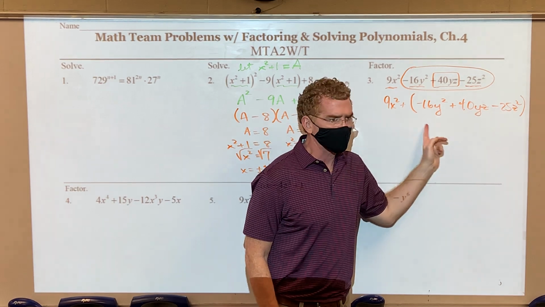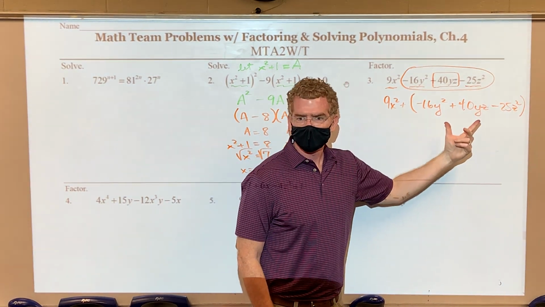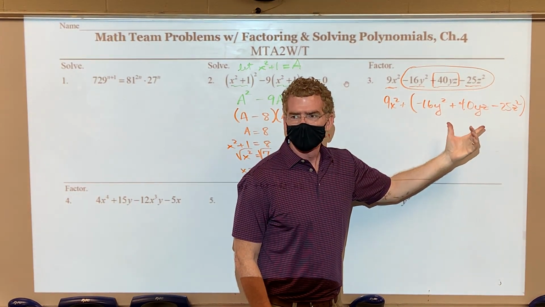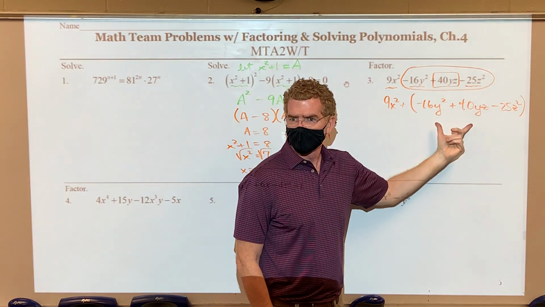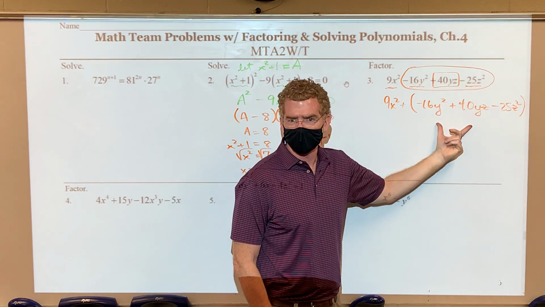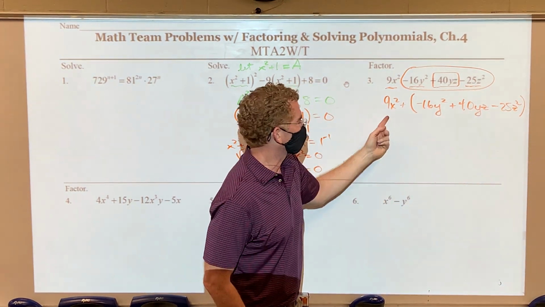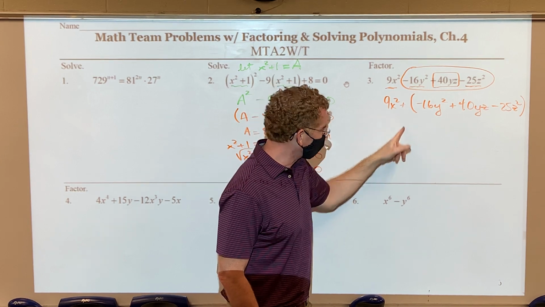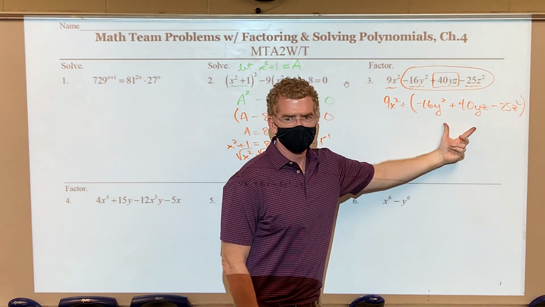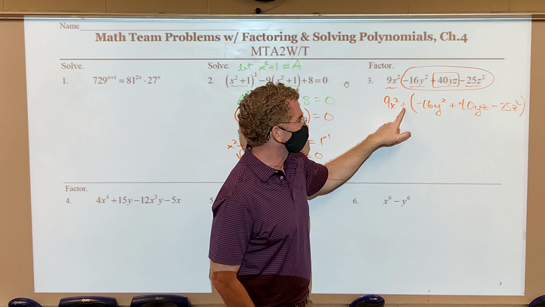This trinomial has to end up being a perfect square trinomial. And this is already a perfect square, so that I can have a perfect square minus a perfect square.